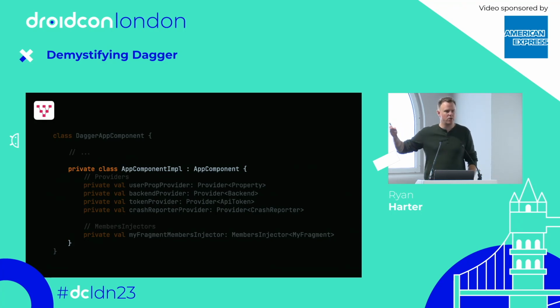The important bit is this part. Inside Dagger app component, you will find private implementations of your interface that you defined. In case you see them in an error message for some reason, they'll generally be called your interface impl. If that would happen to conflict or something, they might be your interface impl 1 or whatever.